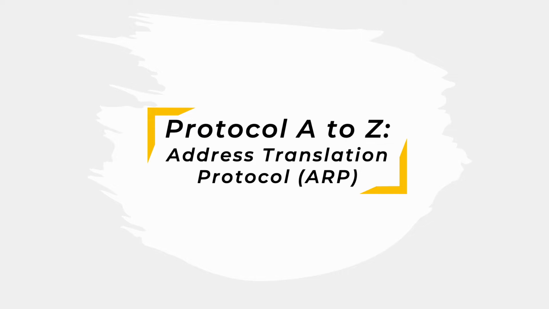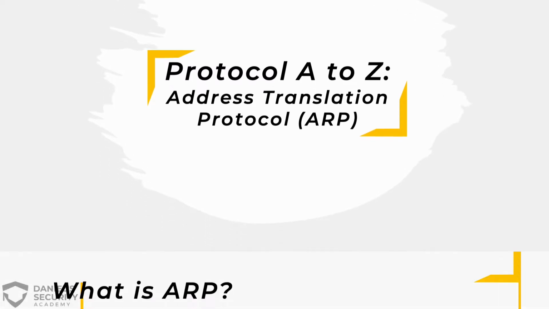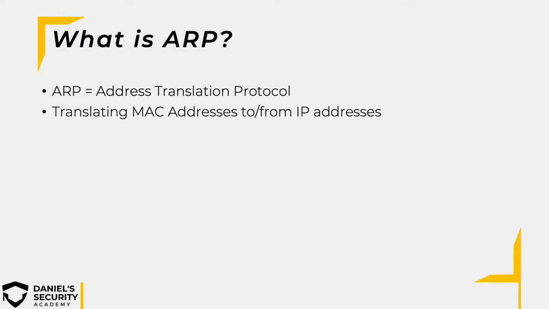And you might ask yourself, okay, what does ARP have to do with security? ARP, as I said, stands for Address Translation Protocol and is the protocol used in the network world to translate the MAC address, the physical address of a computer, to the IP address of a computer.